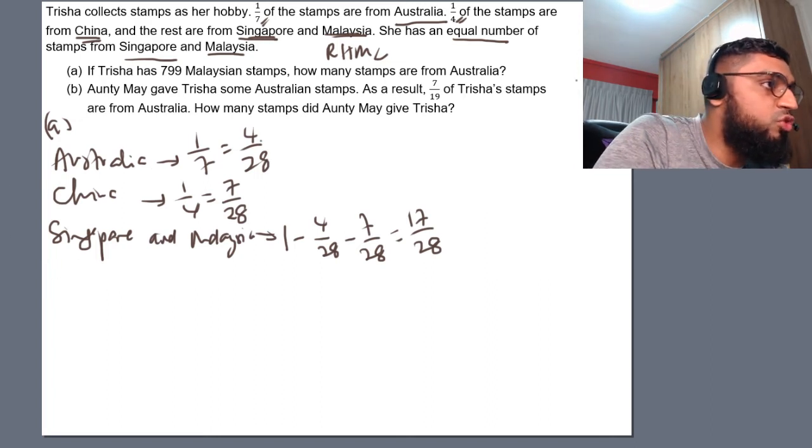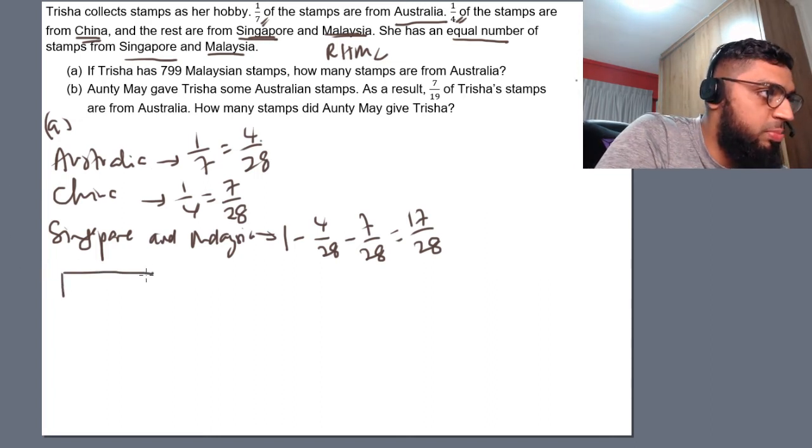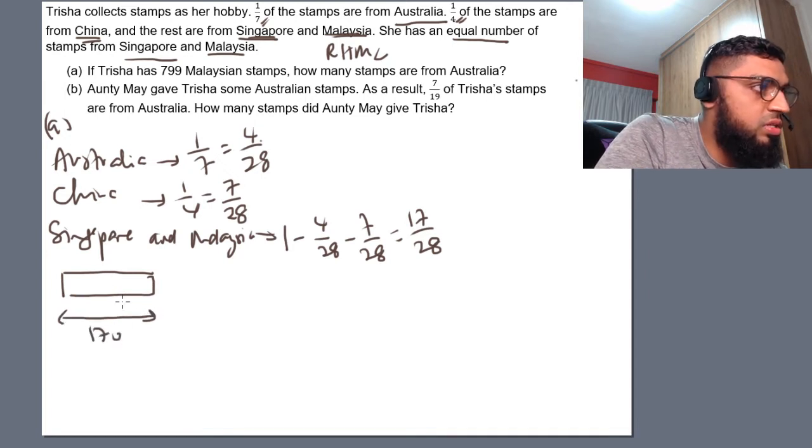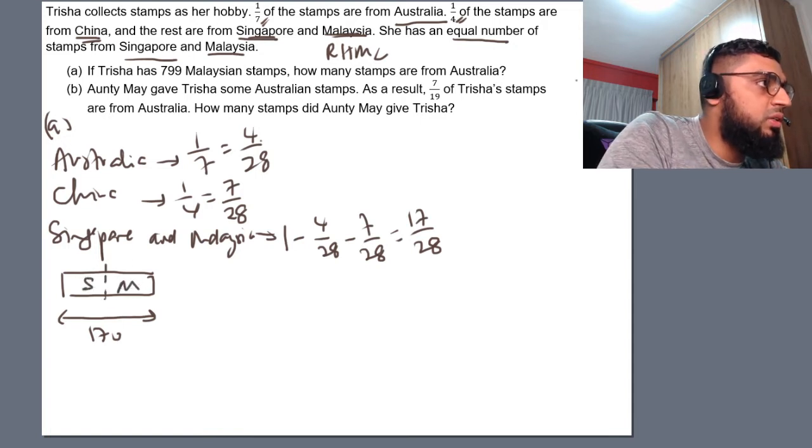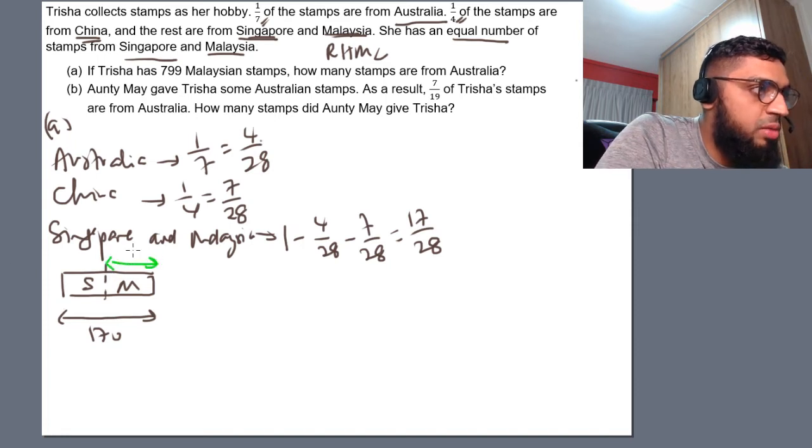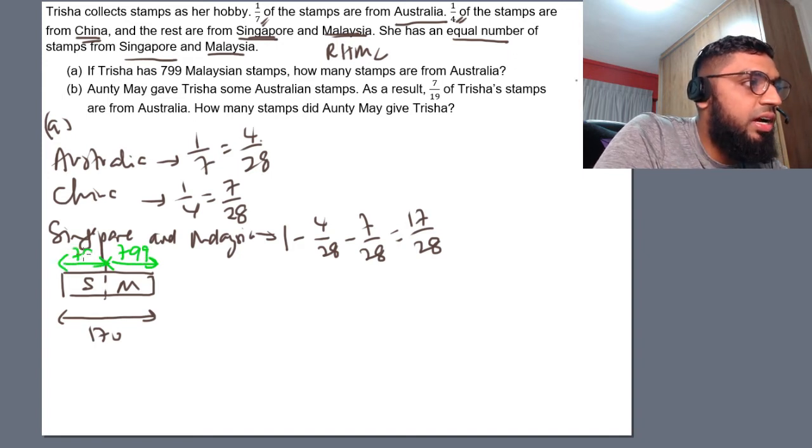If I were to draw a very simple model to explain this point, the entire model here is 17 units. If I cut this into half, 1 is for Singapore, 1 is for Malaysia. If Malaysia has 799 stamps, as in this question, Singapore will also have 799 stamps.